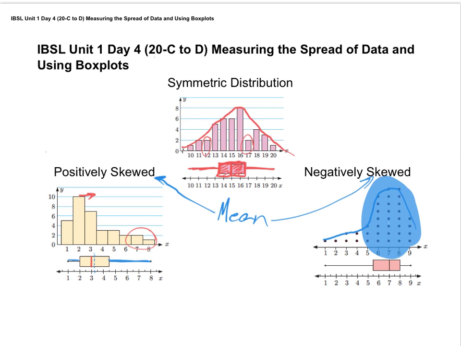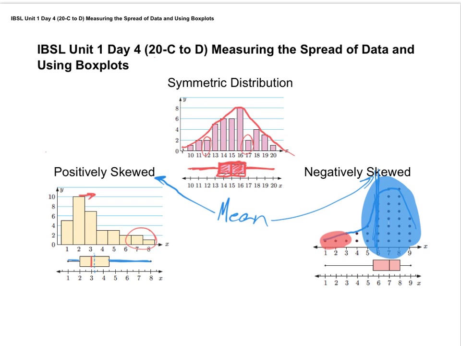But then you've got a couple of these that are really small, really low values. And what that's going to do is pull our mean down, lower than where the majority would indicate it would probably be. And this is a case where the median score would be more useful.